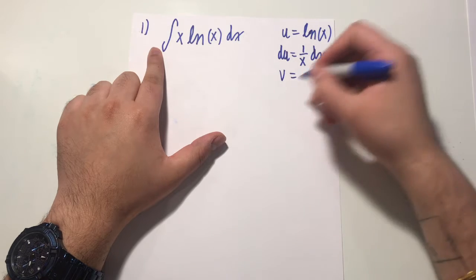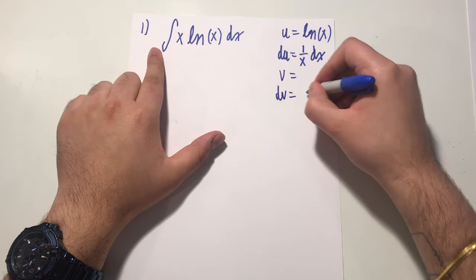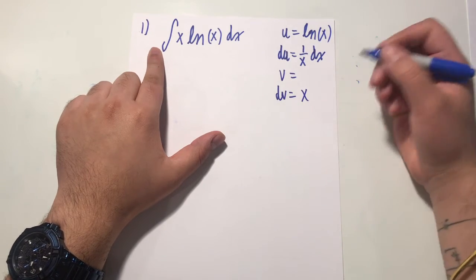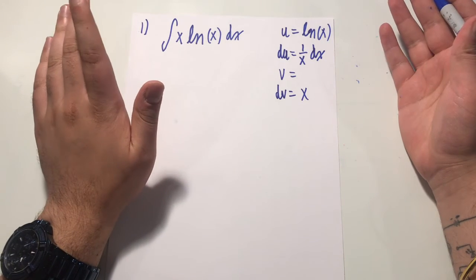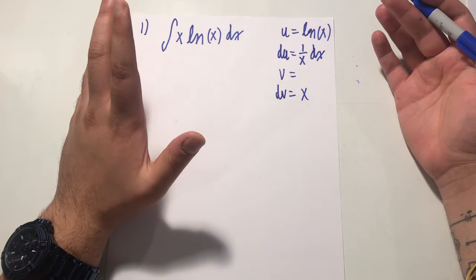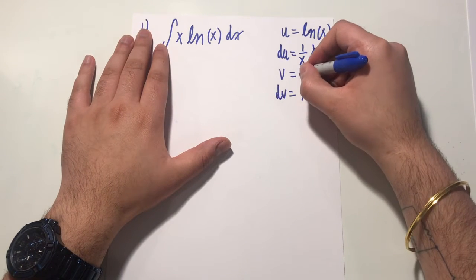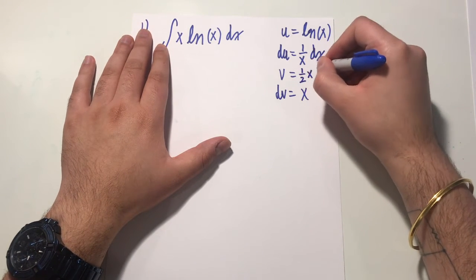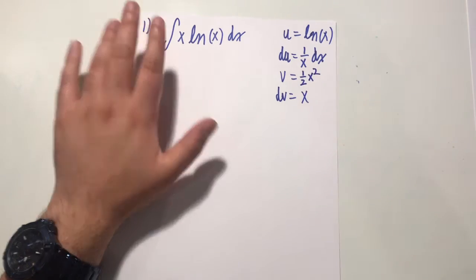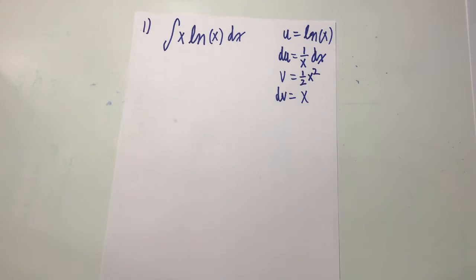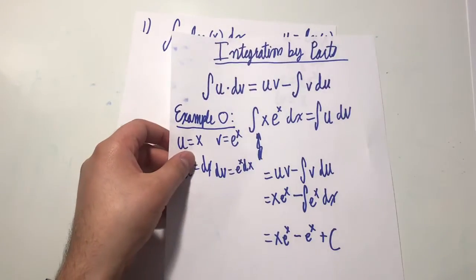So v is something we'll figure out. dv is equal to x. Integrating x, not as easy as differentiating it, but still shouldn't be too much of a problem. We should get v is equal to 1/2 x squared. And integration like that, you should really be able to do super quick, super snappy by now. All right, so now let's put it into our formula for integration by parts.